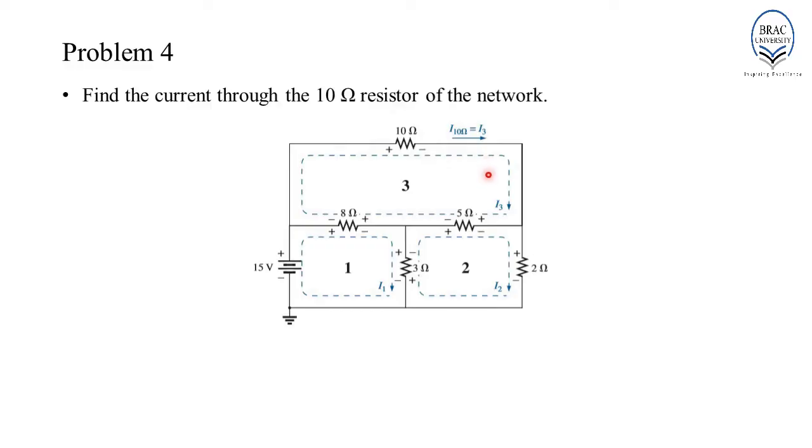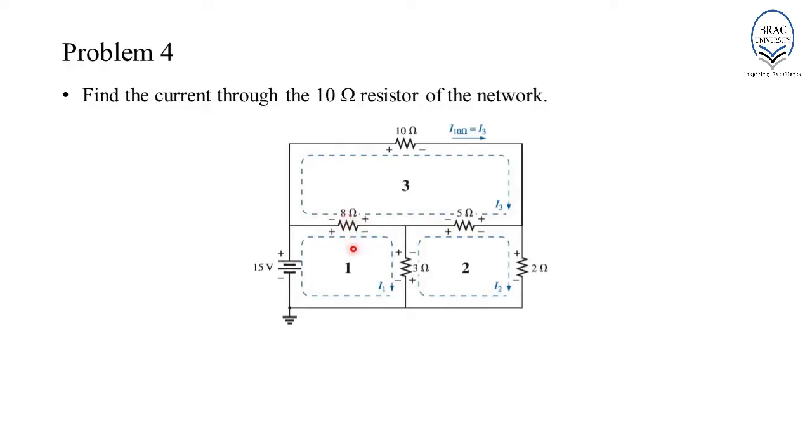Now, the next step is to apply Kirchhoff's voltage law in each of these loops. When we apply KVL in each of these loops, you need to remember one thing very carefully. When we are considering loop 1, the current flowing through the 8 ohm resistor is the resultant of I1 and I3.